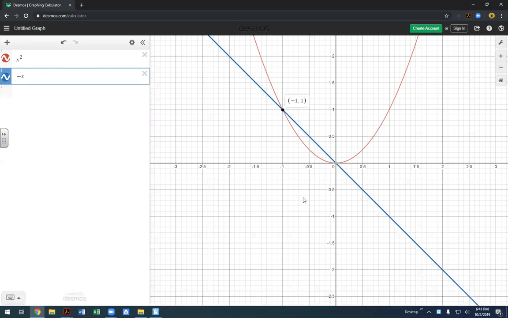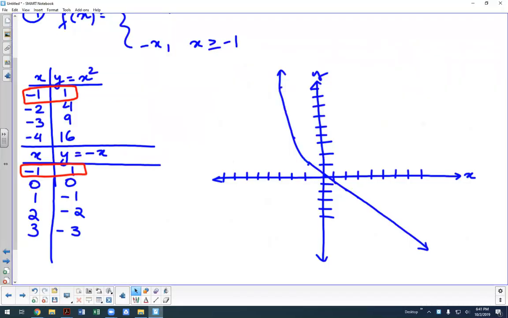Again, we are ignoring this part of our graph, and then once we hit -1, we are ignoring this part of our parabola. So you're literally just seeing this little portion here. At -1, it changes and goes down into this graph. So you end up with a graph that looks like this. This portion right here is our parabola, and then at -1, it changes and becomes a straight line going down.